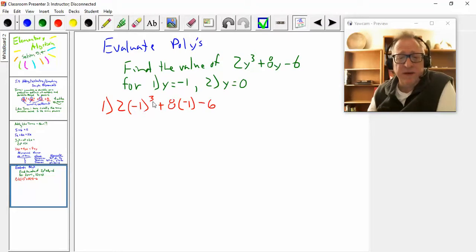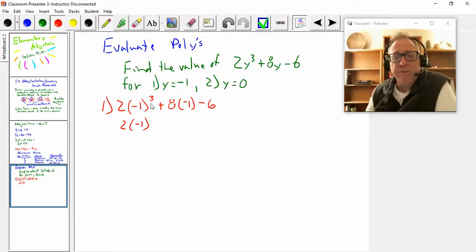Okay, let's see. -1 cubed. That's -1 times -1 is 1 times -1 is -1. So I have 2 times -1. Some of you might remember from last lecture that when we raise a negative number to an odd power, the answer is negative. That's a good rule. If it's raised to the 343rd power, you know the answer is negative.